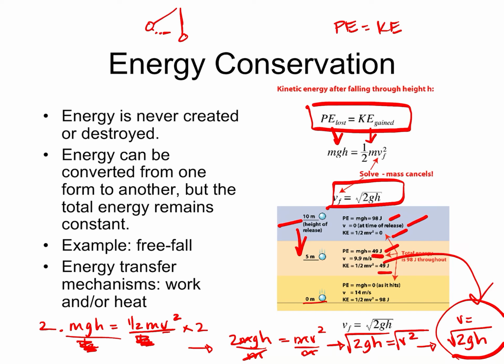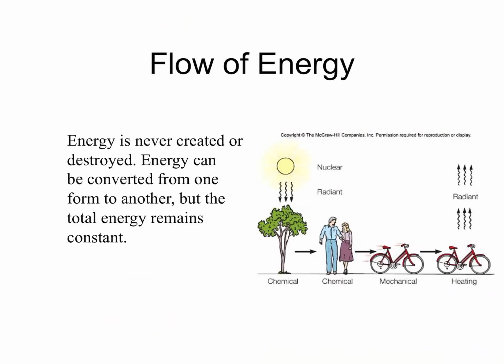And then at 0, right before it hits the ground, it's going to have basically 0 potential energy, and the velocity is at its fastest because it's got all kinetic energy at that point. So it's got 0 potential and then 98 joules of kinetic. So that energy has been conserved through the whole entire process.